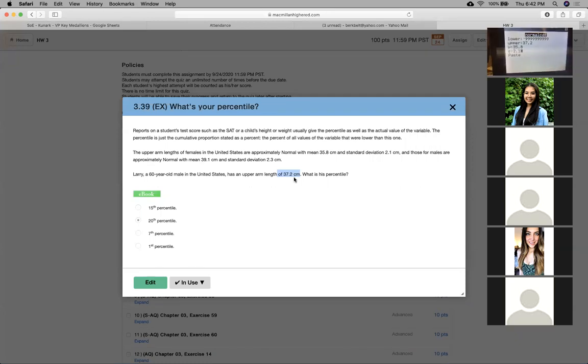Lower is negative infinity, just a negative big number. Sorry, I did the wrong one. I did females. Mean 39.1, deviation 2.3.